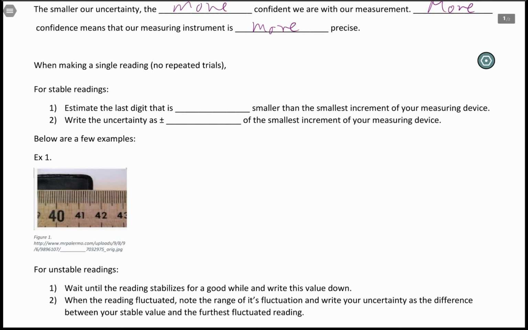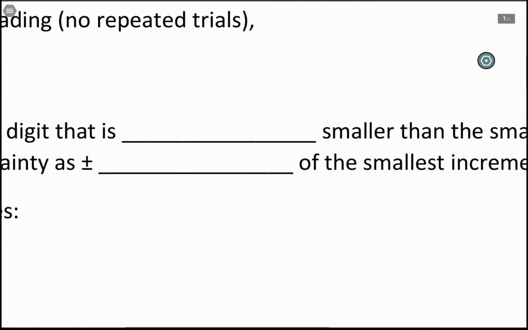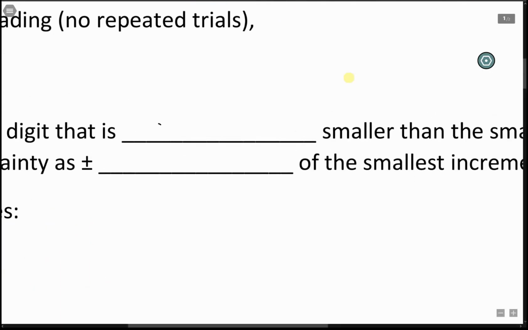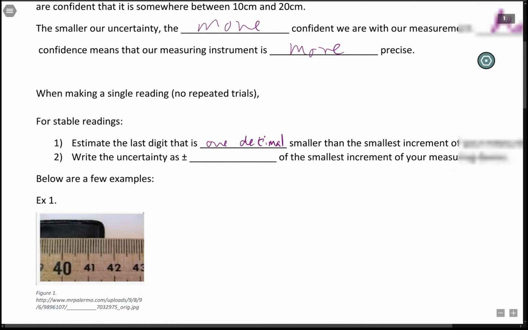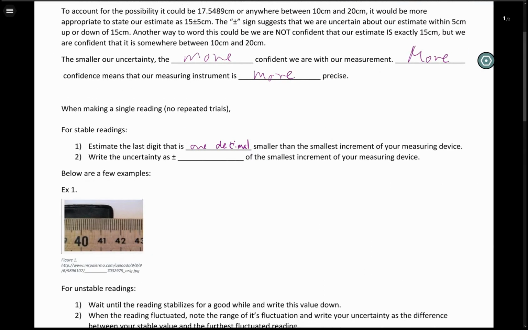How do we determine uncertainty in our measurements? In this particular case, we're going to look at single readings, so not yet repeated trials. For stable readings, measuring the length of your pendulum is an example. With our measuring device, number 1, we want to estimate the last digit, that is 1 decimal place smaller than the smallest increment of your measuring device.